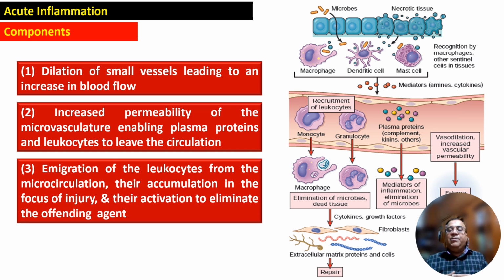They emigrate from the microcirculation and accumulate at the focus where the injury is going on, and they are activated, and after their activation there is elimination of the offending agent.